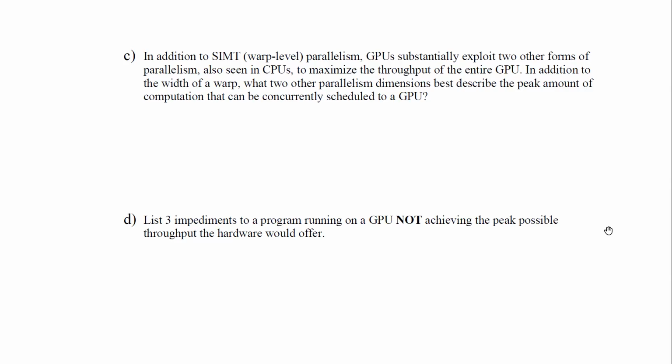What's one other resource I can run out of that might prevent me from using all those ALUs? It's the other thing I need to support thousands of threads. For thousands of threads, I need register state for thousands of threads.